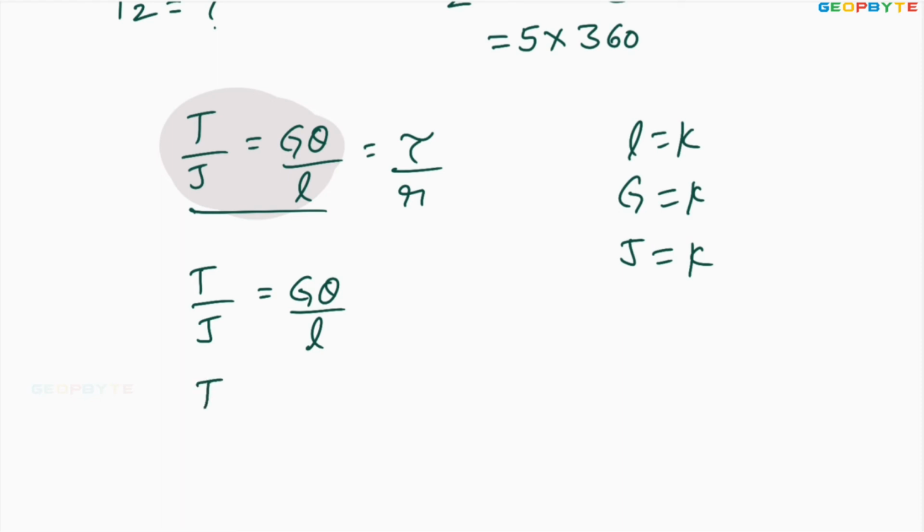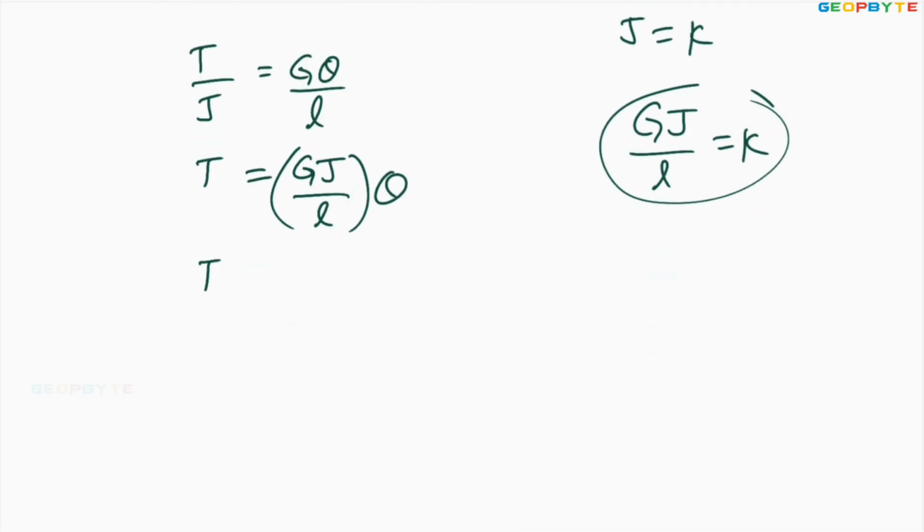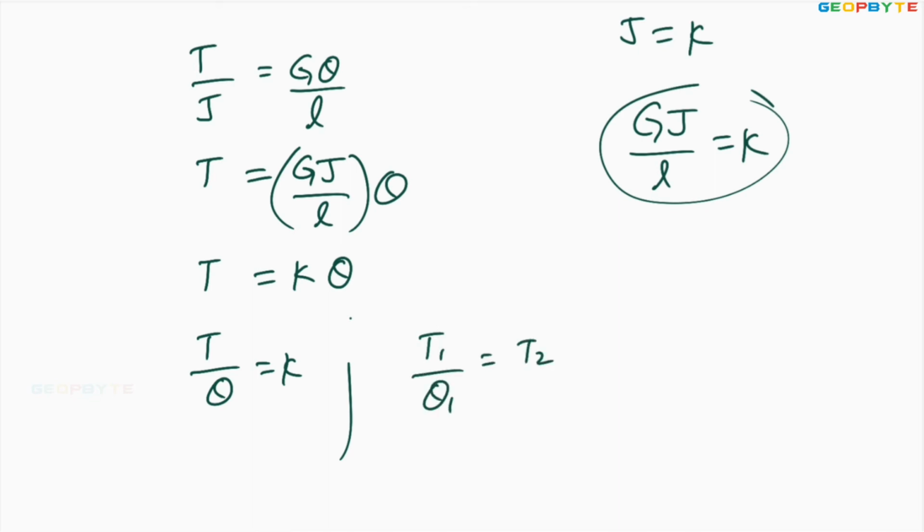Therefore, I can take T equal to G J by L into theta. This G J by L I can treat as a constant K. Therefore, torque T equal to constant into theta, or T by theta remains constant. It means T1 by theta 1 equal to T2 by theta 2, or T1 by T2 is equal to theta 1 by theta 2.